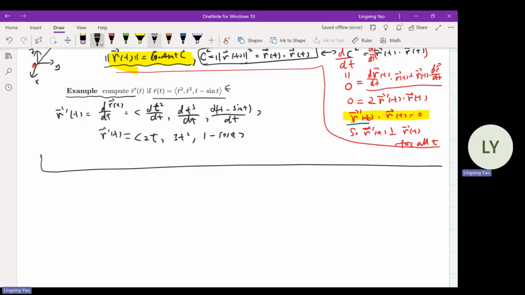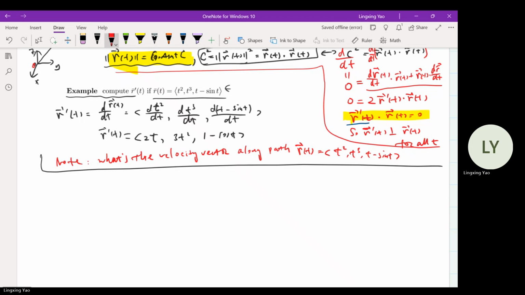But then maybe we can twist this question a little bit. If you ask, what is the velocity vector along the path R of t equals t squared, t cubed, t minus sine t? And how do we answer this question?